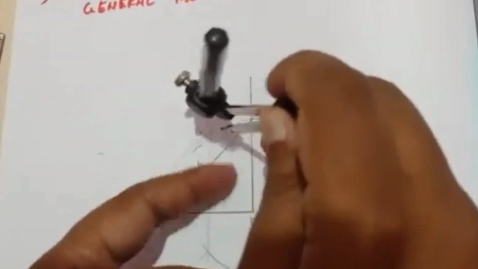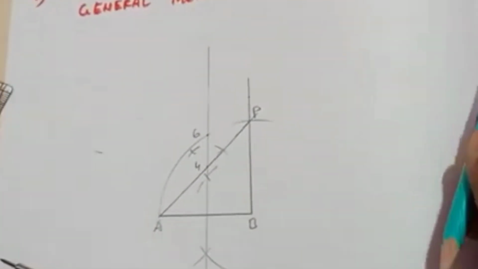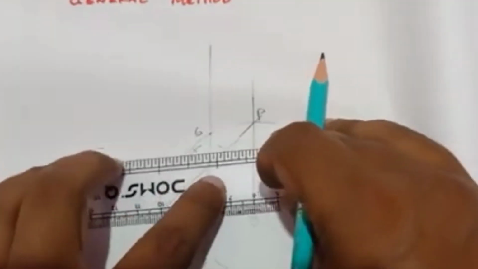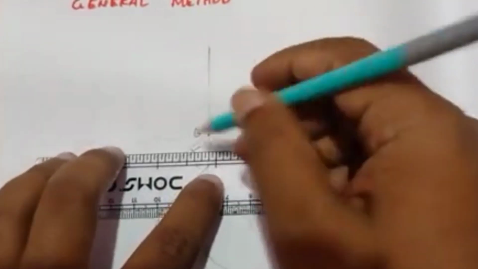Now the same arc you need to cut from point number 6, to bisect this length. You need to be careful here because it is a very small length. Now we need to connect these two points here.